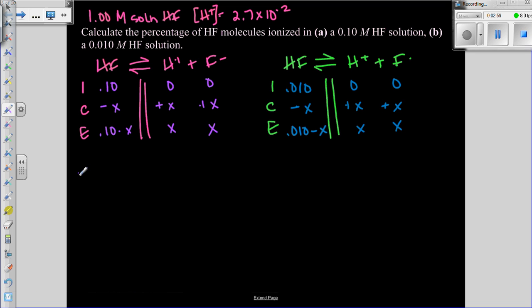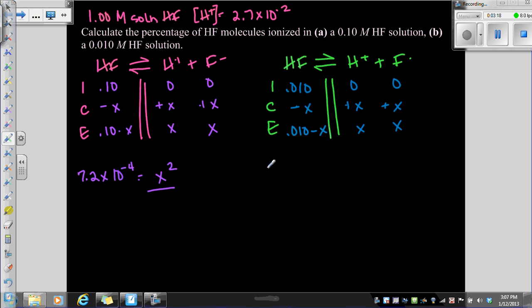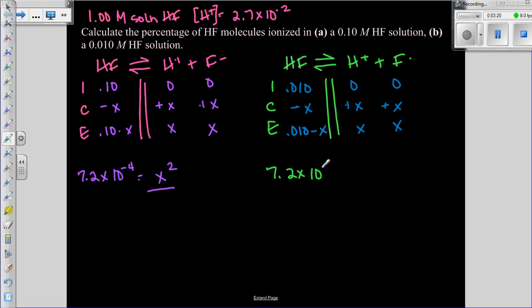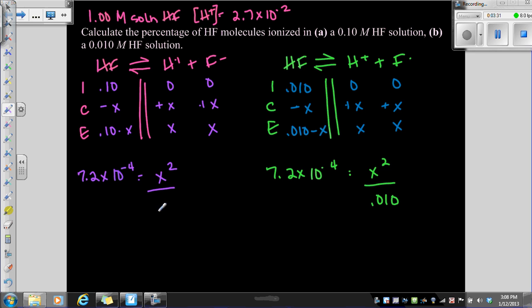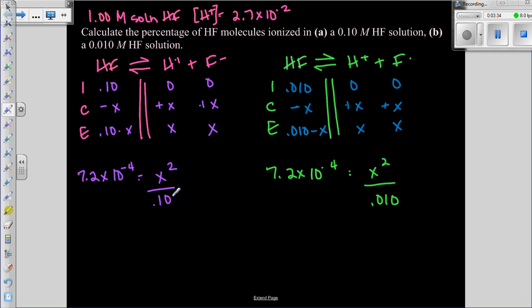The Ka is 7.2 times 10 to the negative 4th for hydrogen fluoride, and that equals X squared, because X times X. I'm also going to approximate, because if I take the Ka of hydrogen fluoride and multiply it by 100, in both cases it is less than or equal to the initial concentration, so we know that X is going to be very small in comparison. So I'm approximating in both situations.